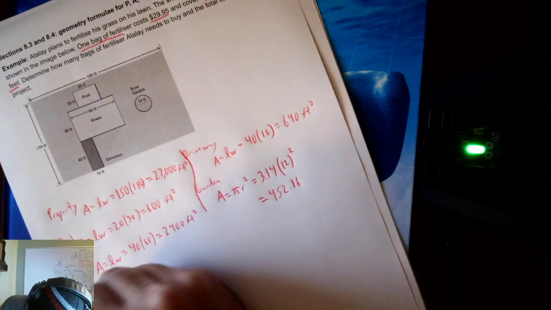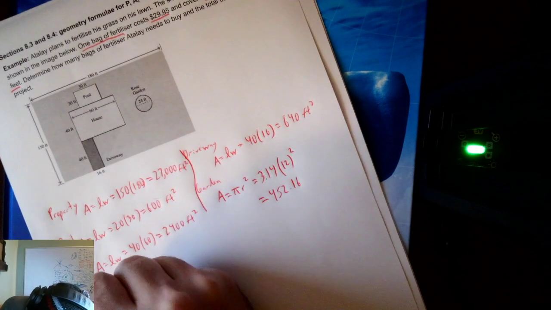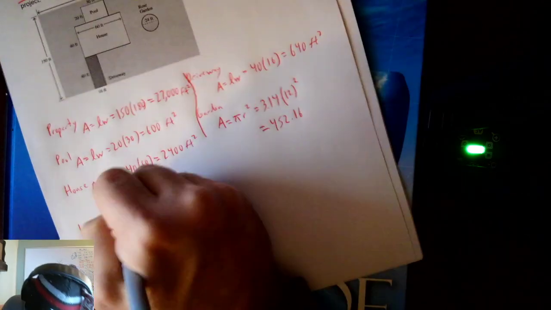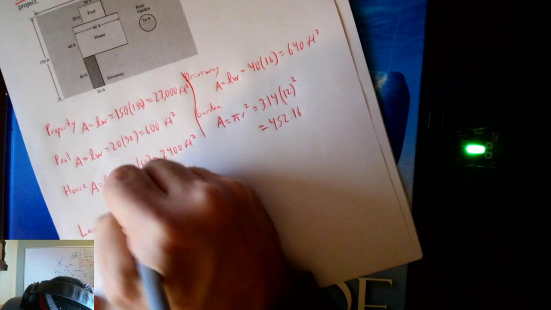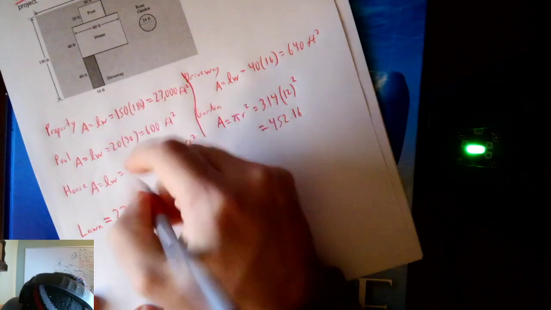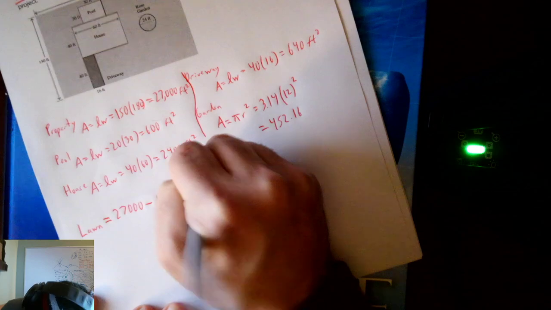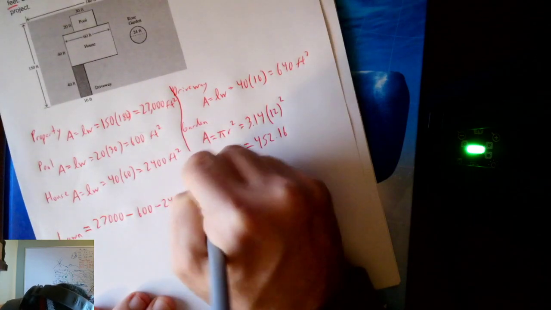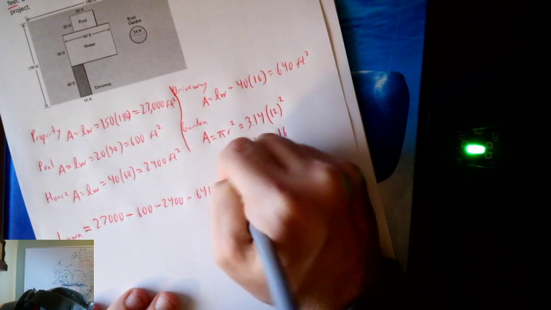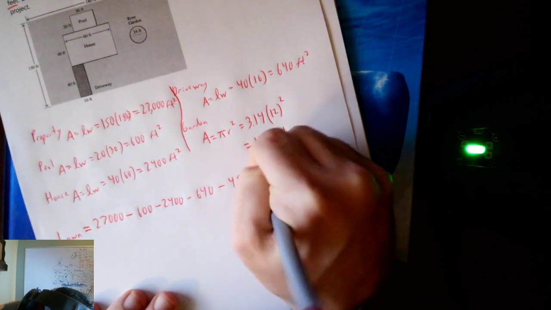So, the size of the lawn will be equal to the property, 27,000, take away the pool, take away the house, take away the driveway, and take away the garden.